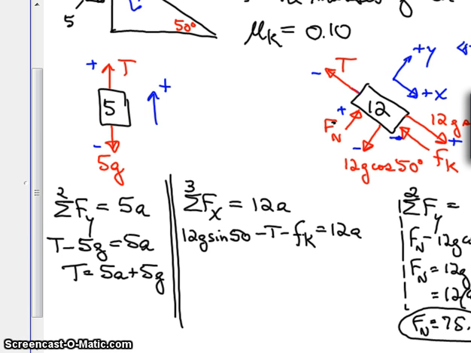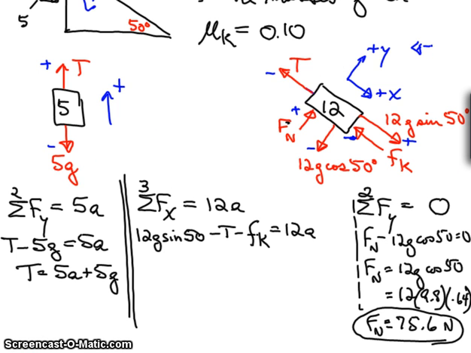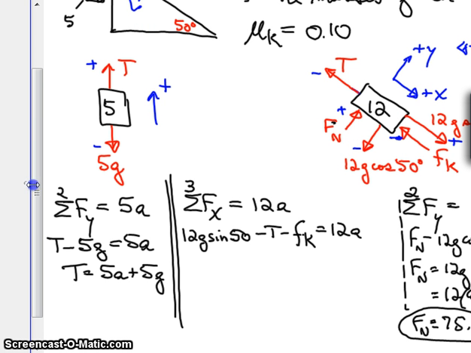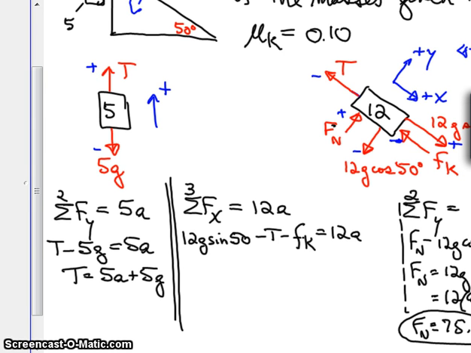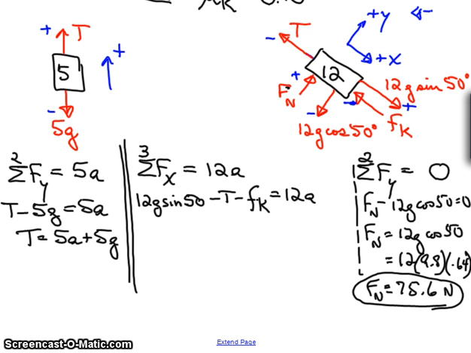Let's calculate 12G times the sine of 50. The sine of 50 is going to be 0.766, so we get 12 times 9.8 times 0.766 minus t.